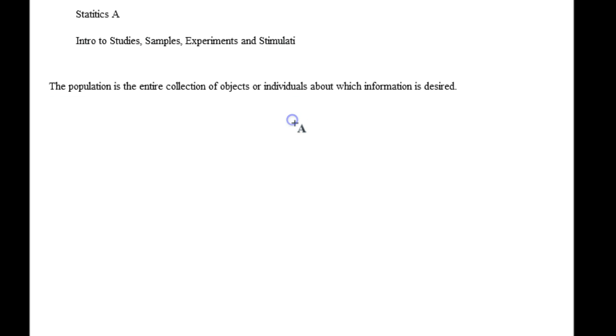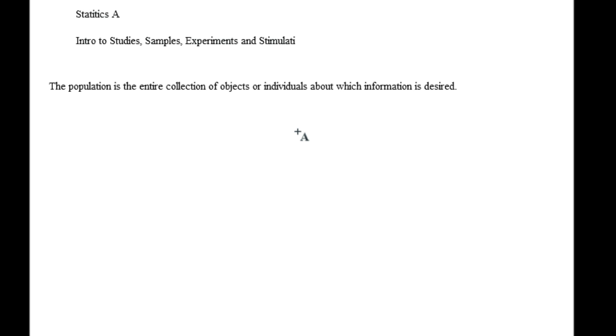The population is the entire collection of individuals or objects about which information is desired. Something simple as that. So example one, if you want to determine the percentage of women in nursing school, the entire population would be the number of women in nursing school.